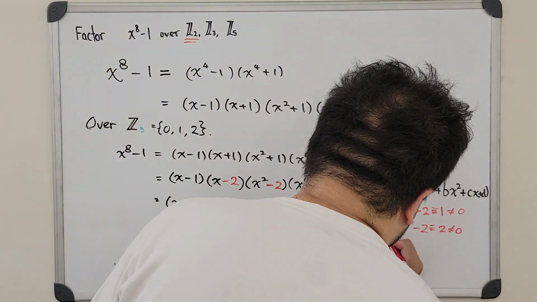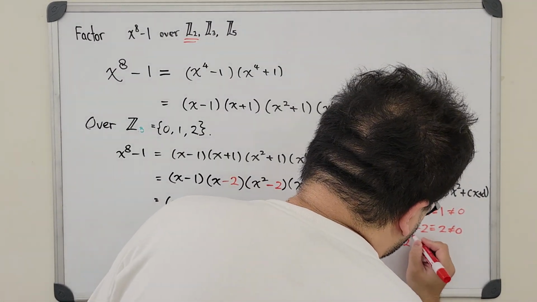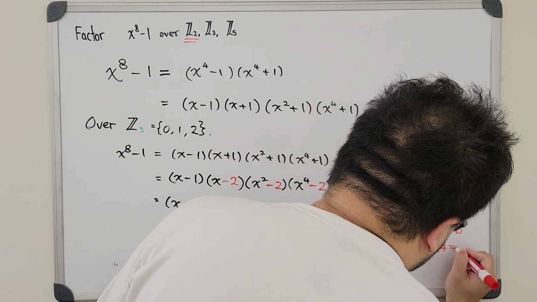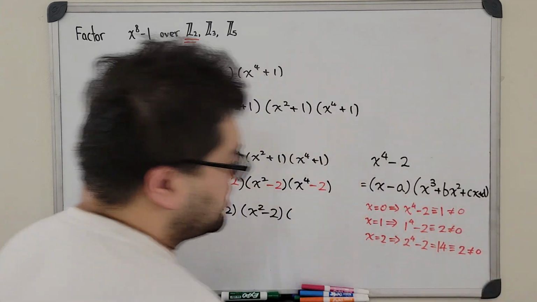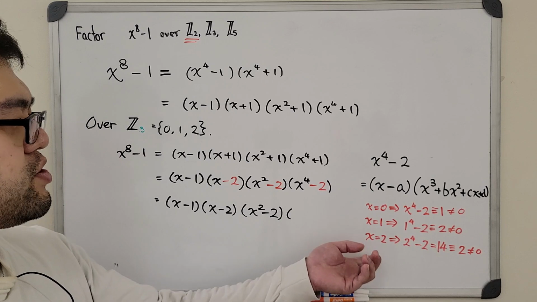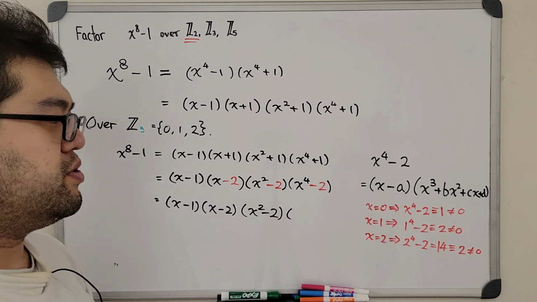Last, if we replace x by 2, we get 2 to the 4th power minus 2, which is 14, or equivalently 2, but again, that is not equal to 0. So x minus 2 is also not a factor of x to the 4th power minus 2.